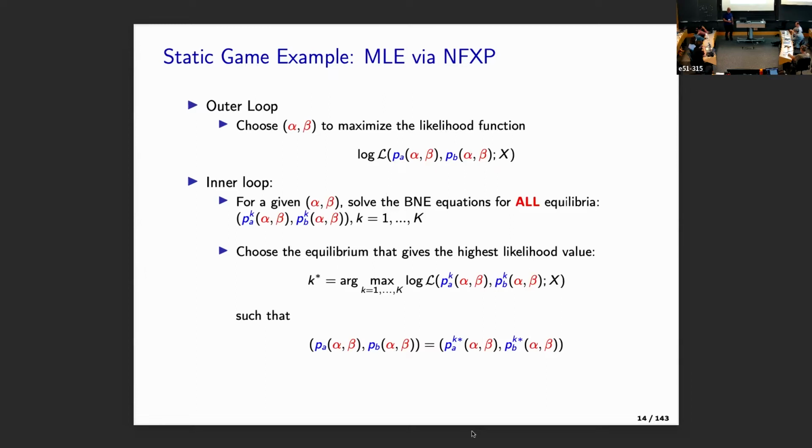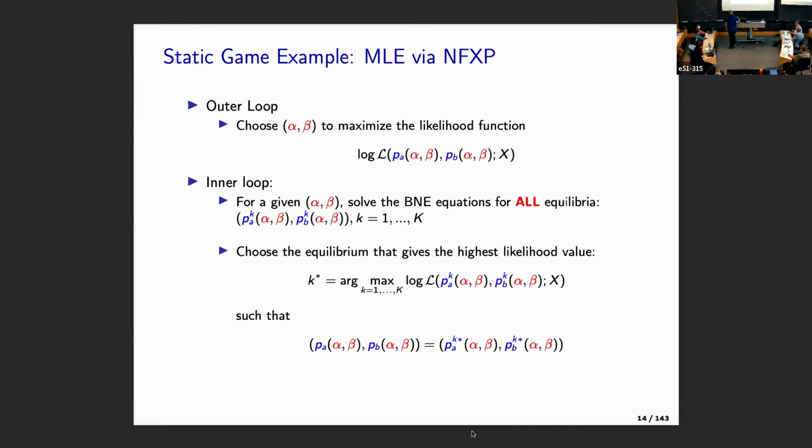That involves calculating that likelihood, but for each value of the parameters, you need to calculate all these equilibria. That is the potential 3 solutions there will be for each trial value of the parameters. And then we select the equilibrium that is most likely to be observed in the data.